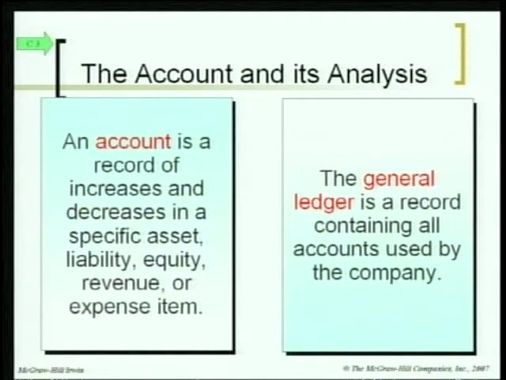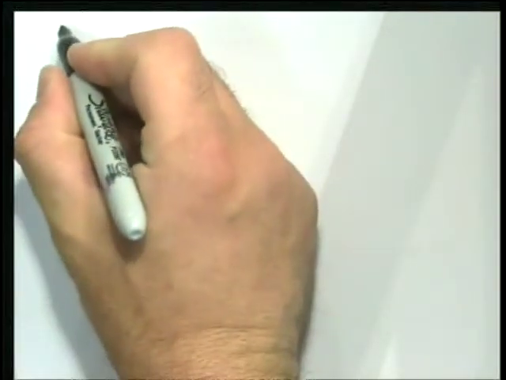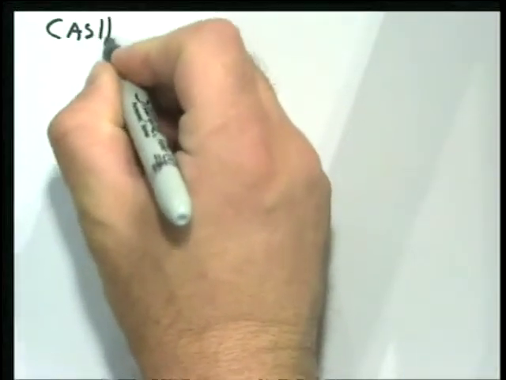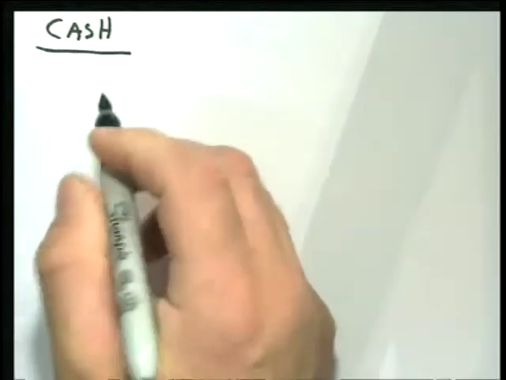Okay, what I want to talk about is, what is an account? An account records all the increases and decreases in a specific asset, liability, equity, revenue, or expense item. And we have used accounts. For example, going over to the Elmo, let's say that we had cash. Remember how we did this in chapter 1?